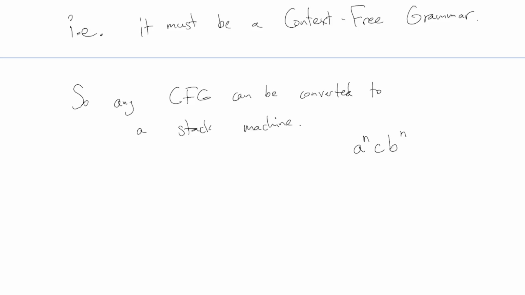So to me, it's a lot easier to make a grammar for that and then convert it to a stack machine in this way. All right. So this is actually a very, I would say, powerful method, right? This allows you to make stack machines for things which otherwise might seem very complicated.